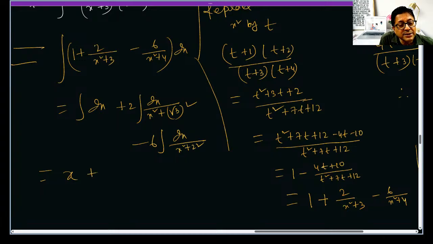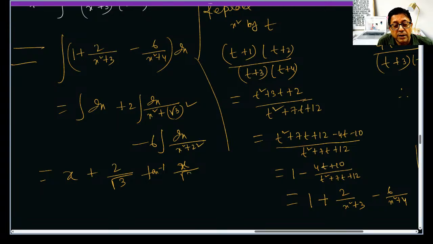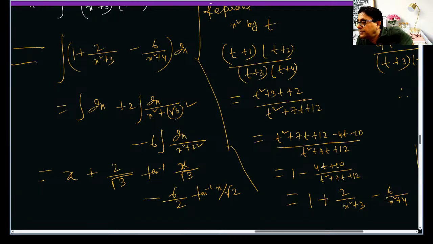So this will be x, tan inverse x by root 3, 6 by 2, and this will be tan inverse x by root 2. Clear? Done? Understood?